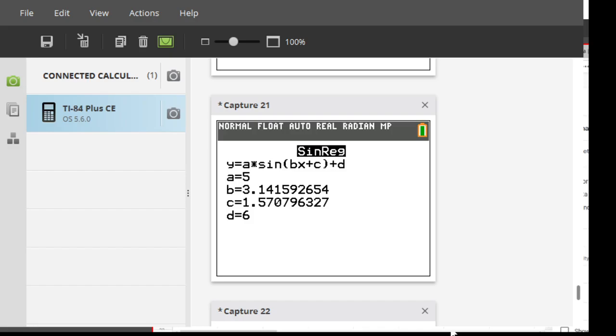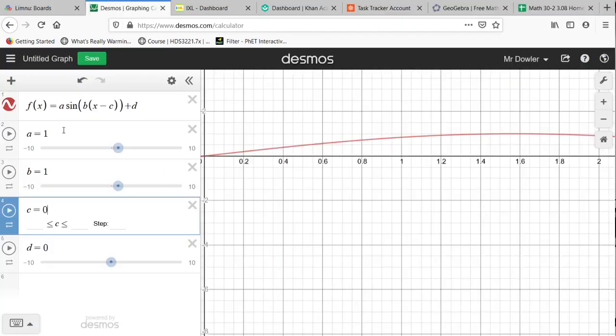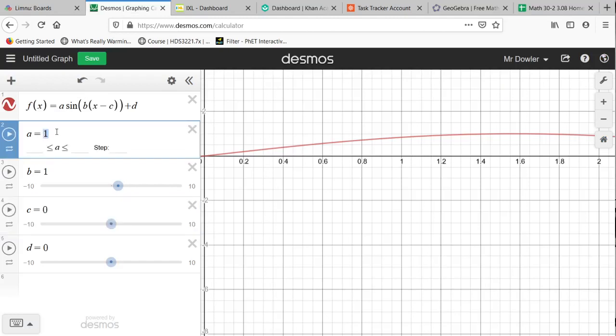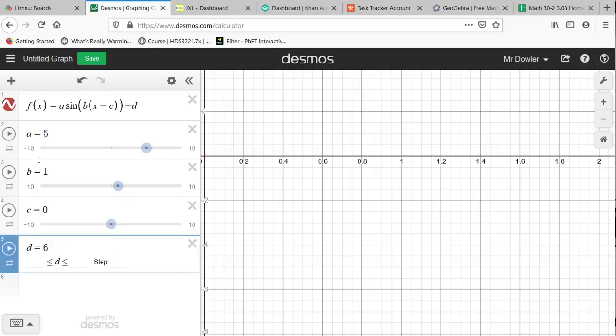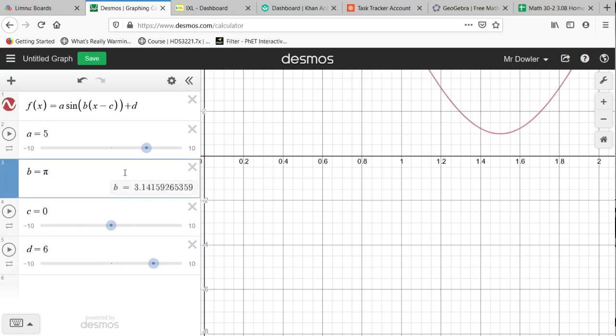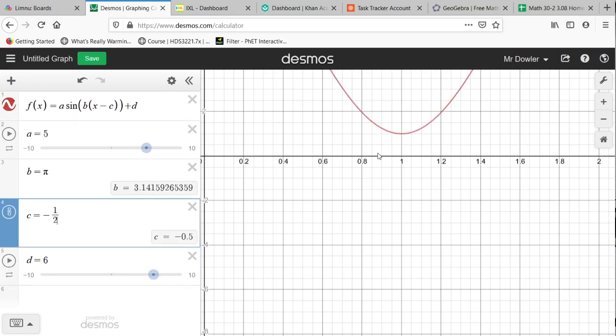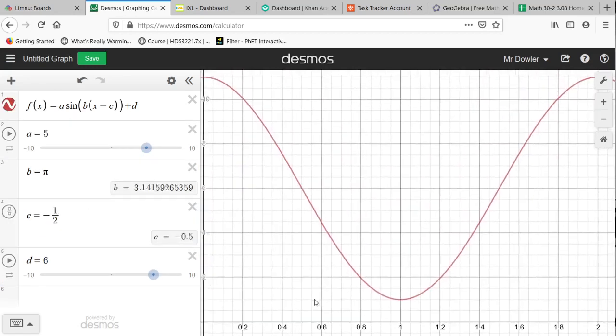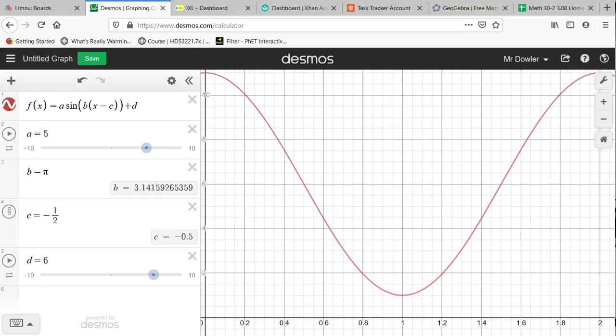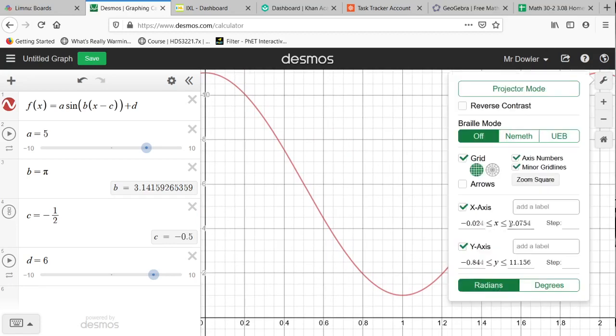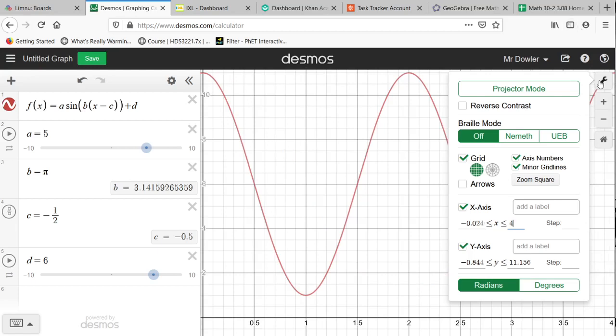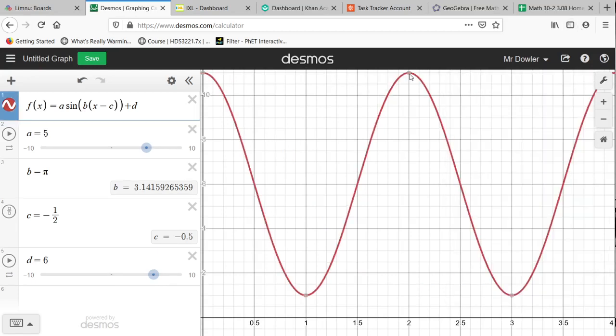So let's see if we can reproduce this graph with a graphing calculator. Again, we said A was 5, D was 6, B was pi, and this C is -1/2 with this formulation. Comparing our charts, we need to have an x-axis that goes up to 4. And then we have points at 11 as we expected, and 1, as we expected.